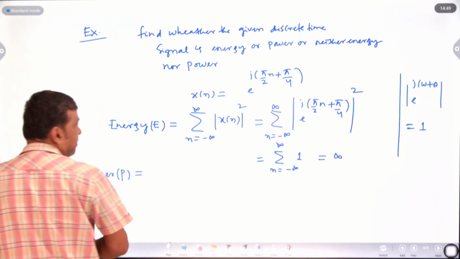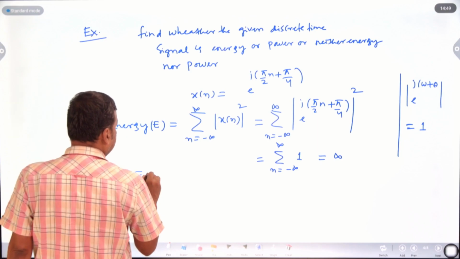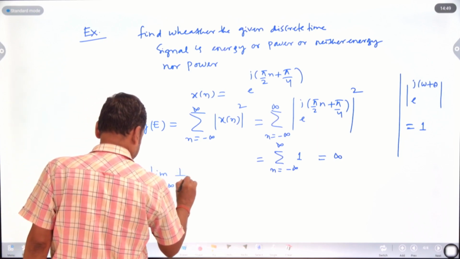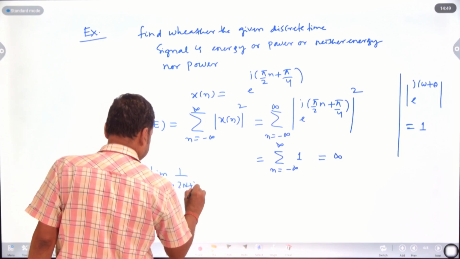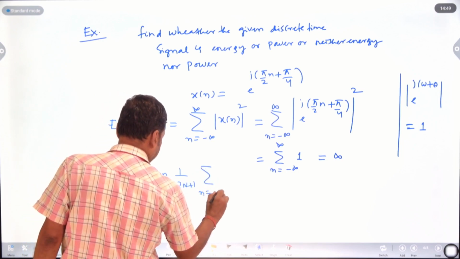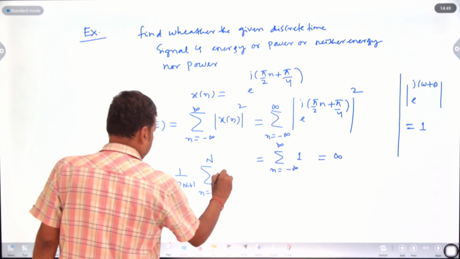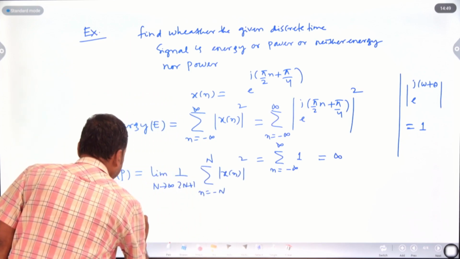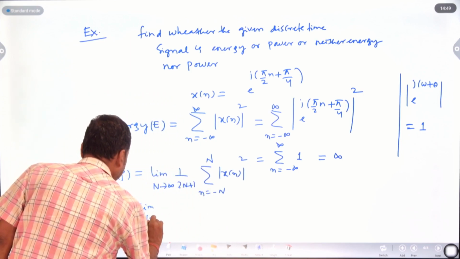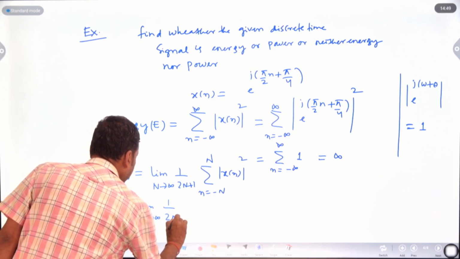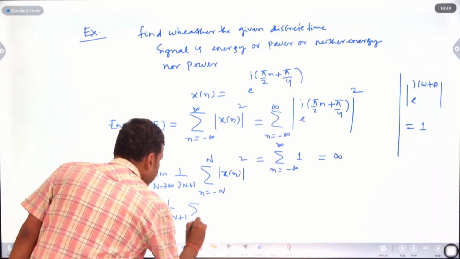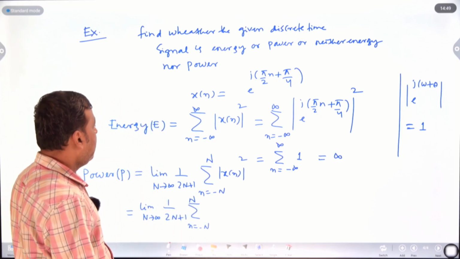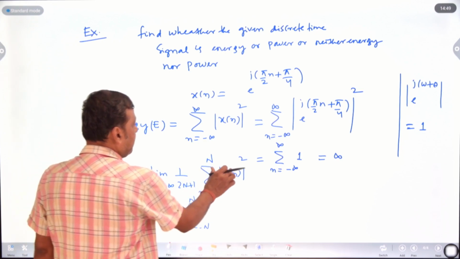The power P of a discrete signal x of n can be defined as the limit as n tends to infinity of 1 by (2n plus 1) times the sum for n equal to minus n to n of |x of n| square. The value of x of n is nothing but 1 here.